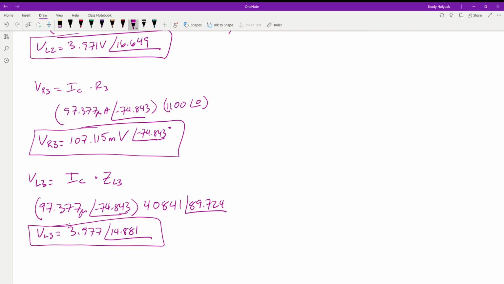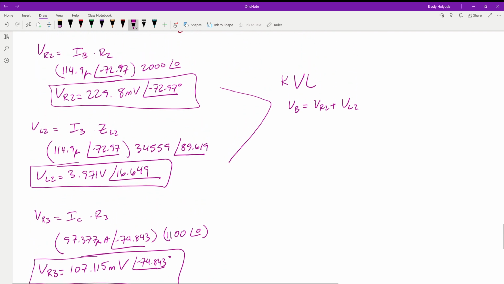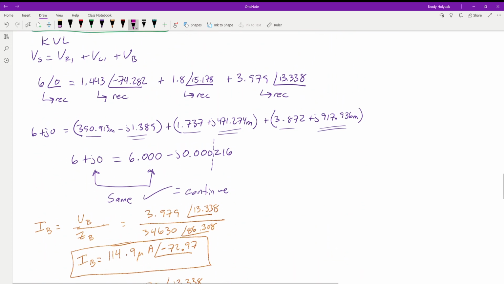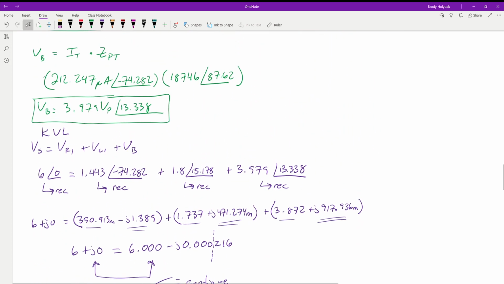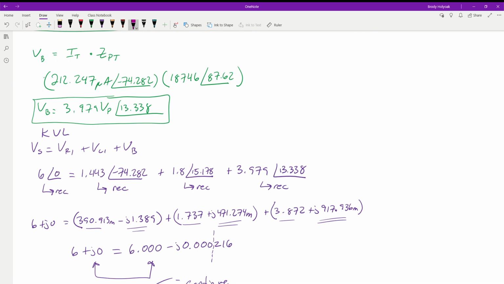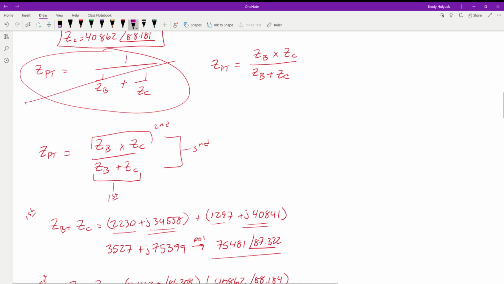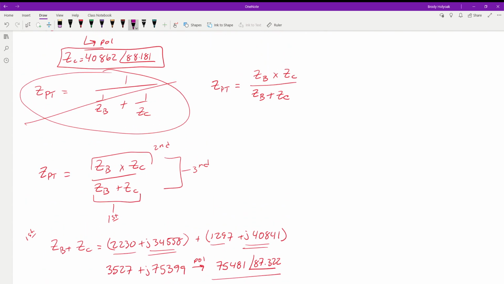And I think I did actually stick to my color codes on this one, so yay for me on that one. But like I said, that's how we go through it. With the rest of these steps, we did the exact same as what we did before with the capacitors. We just have to make sure we keep track of what is what, keep everything in the same order as much as possible. And the only difference on this one was we did the product over the sum rule because we only had 2 branches versus doing the reciprocal rule.